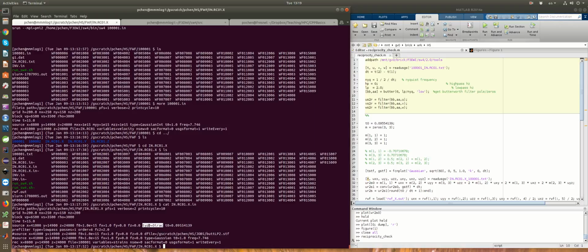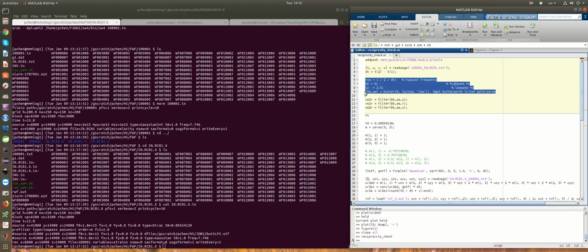When I was using AWP, what I did is that I used a source time function that's generated by myself. So how do I actually generate the source time function? In AWP, I basically just used a Butterworth filter that's created in MATLAB, and then filtered an impulse with the first data point 1, and all the rest of the data points 0.